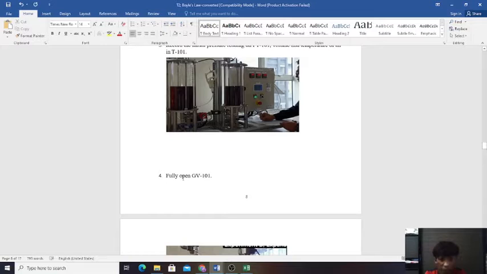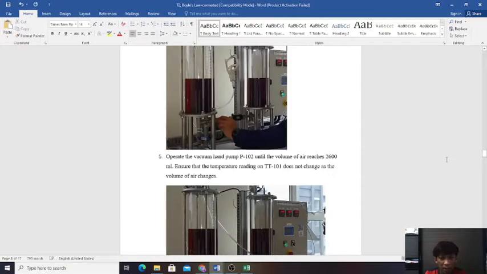And then fully open GV101. And next, operate the vacuum hand pump P102 until the volume of air reaches 2600 mm. Ensure that the temperature reading on TT101 does not change as the volume of air changes.